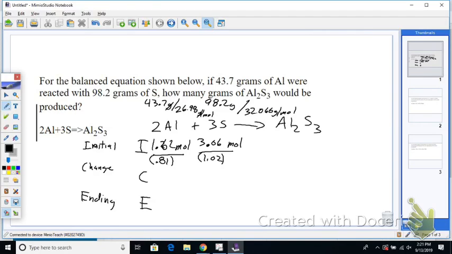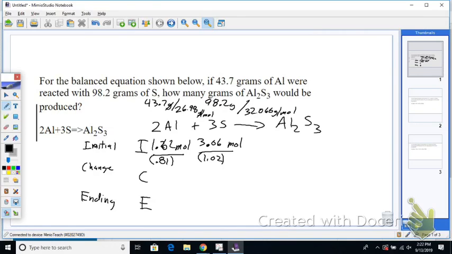I'm not showing that in this step, and you'll just have to remember how he got to 0.81. Well, he just took this initial amount of moles and divided by 2. And so he got 0.81. And then did the same for sulfur, and I got 1.02. So the one that is the lower between the two is your limiting.